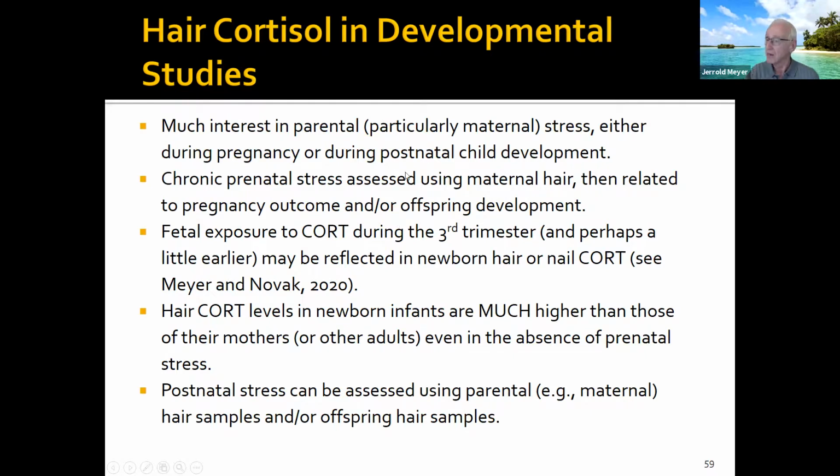But there's a problem, and that is that the mother's cortisol is only partially responsible for the cortisol that the fetus is exposed to, especially once the fetal adrenal starts becoming active, mainly in the 3rd trimester. By then the fetal adrenal is ramping up cortisol production, and it's a major contributor to the fetus's exposure to cortisol. So you're completely missing that.